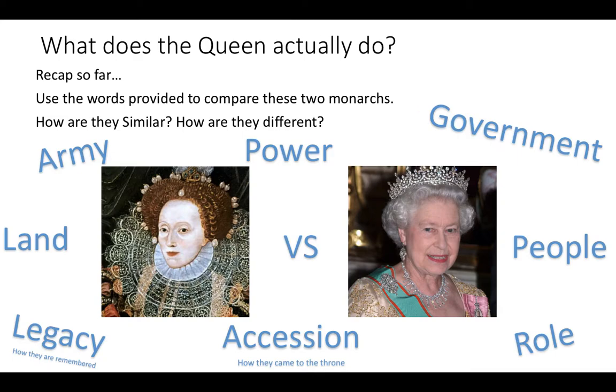Queen Elizabeth II plays a very different role as a monarch. Their legacies, obviously Elizabeth II is still alive, so we're not quite clear on what her legacy will be yet. But Elizabeth I's legacy is very significant, especially with all the things she changed about religion. But she wasn't succeeded by a son or a daughter, and the Tudor line ended with Elizabeth.